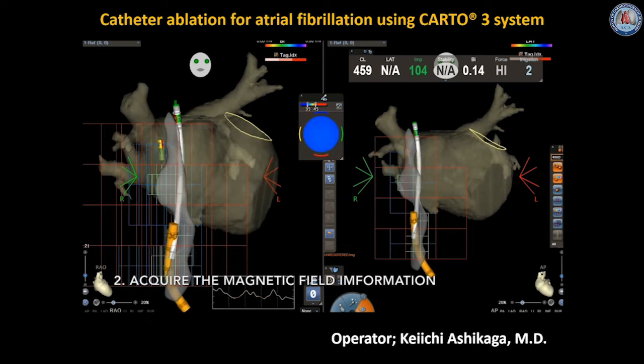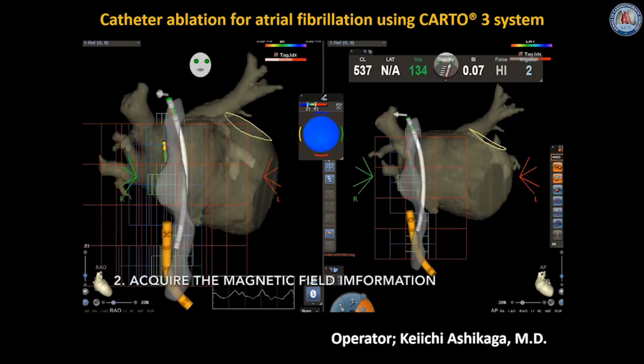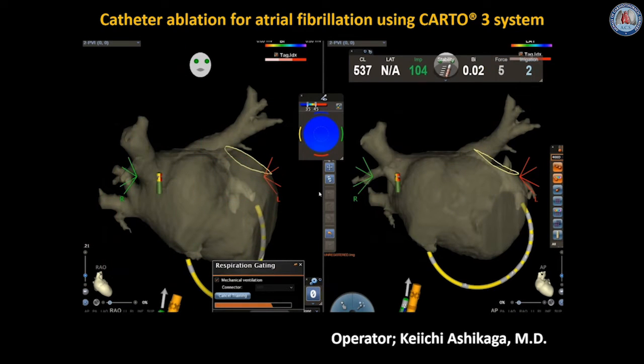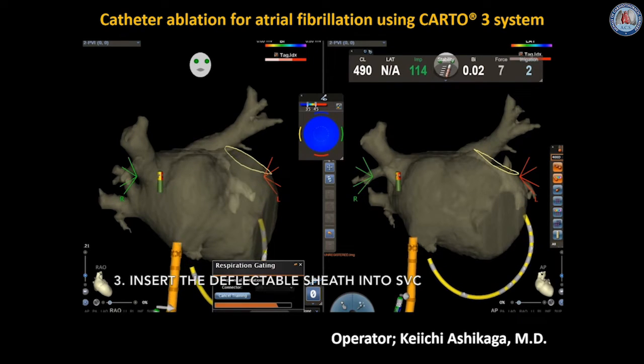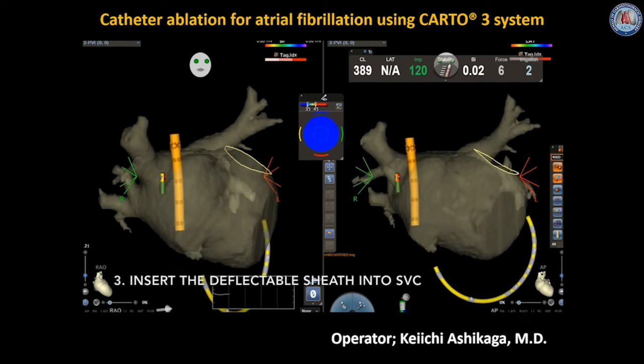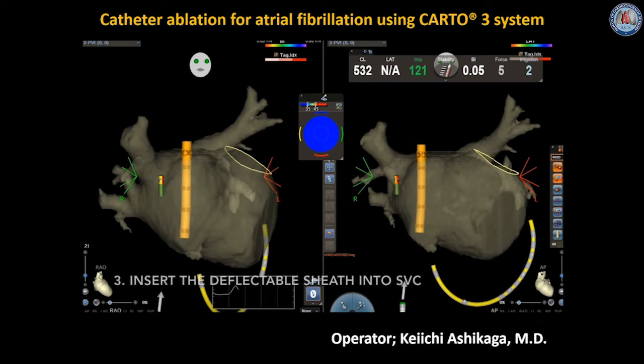This process is needed for a unique ablation procedure without fluoroscopy exposure, which allows an operator to identify the sheath without fluoroscopy. Then the deflectable sheath is inserted into the right atrium, now going up to the superior vena cava.